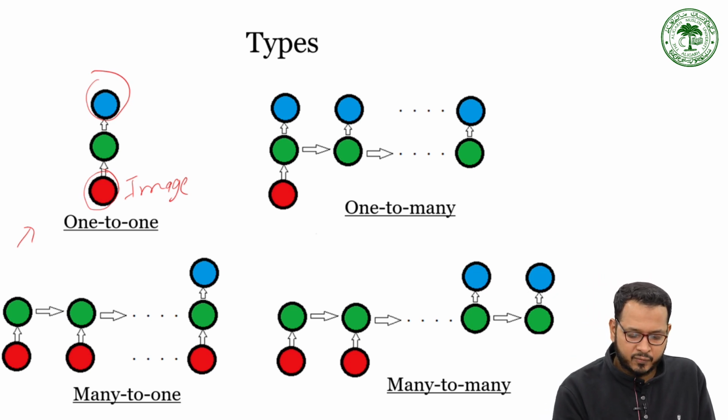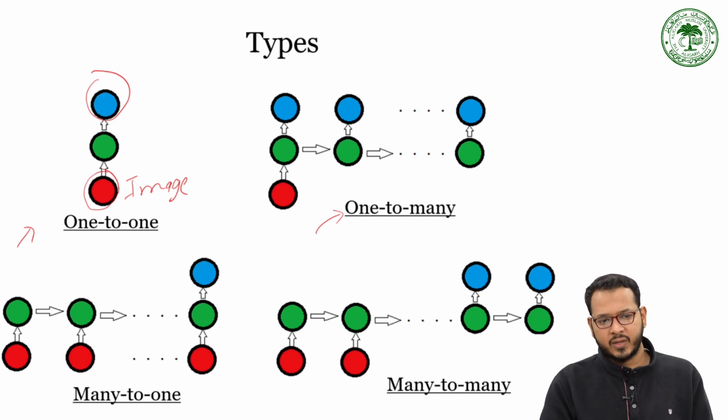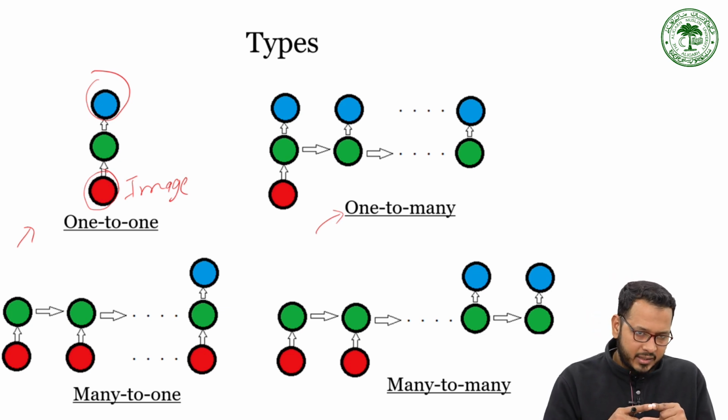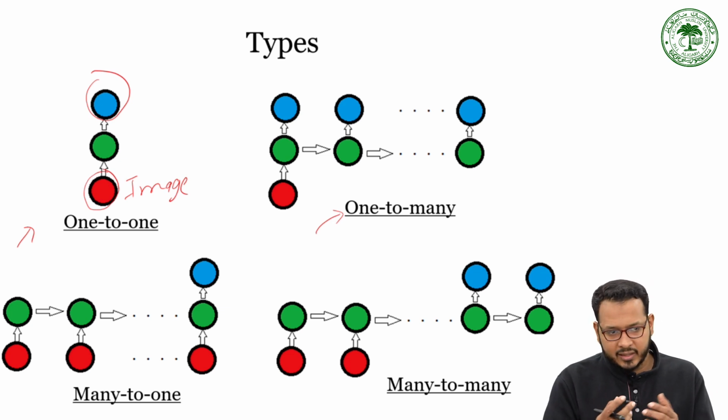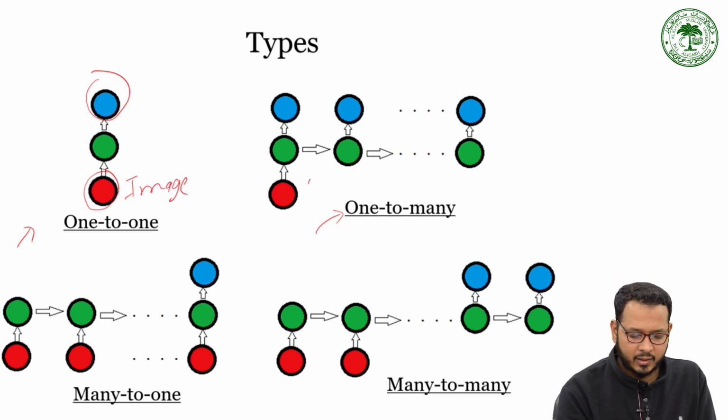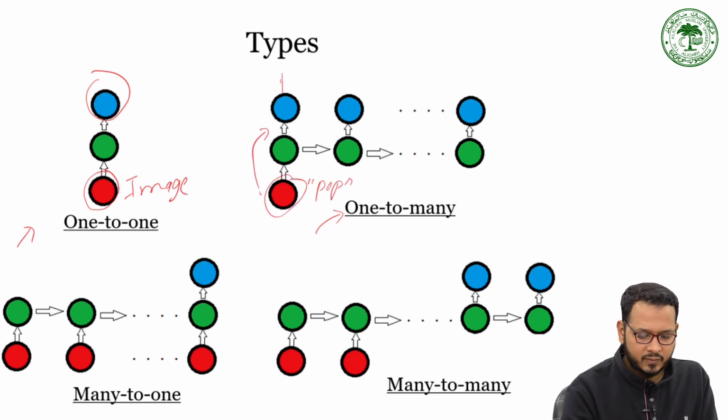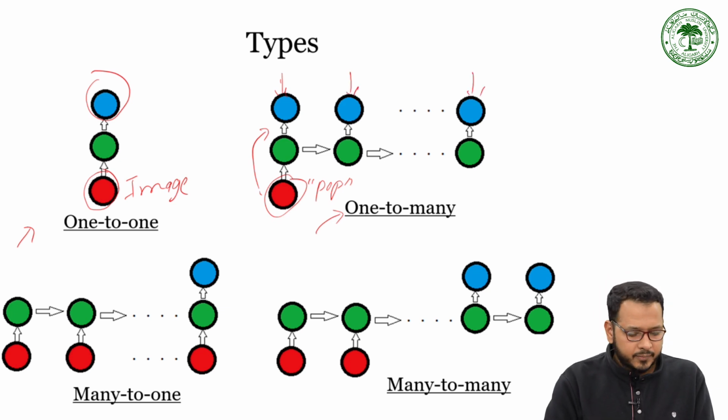It could be one to many, where the input is one but the generated output has many sequences within it. So for example music generation, you maybe pass a word like pop, and depending upon this one input many notes of the music are generated. So you have one input but multiple outputs.